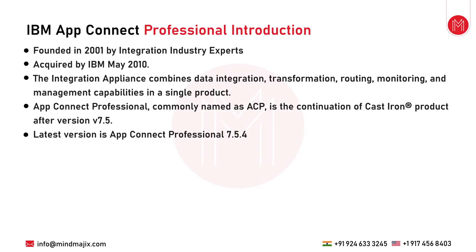I mean, not only Salesforce, we cannot connect to cloud applications. But this Cast Iron tool is mainly built to connect the on-premise applications and the off-premise applications. Off-premise applications, in the sense, are nothing but the cloud applications.